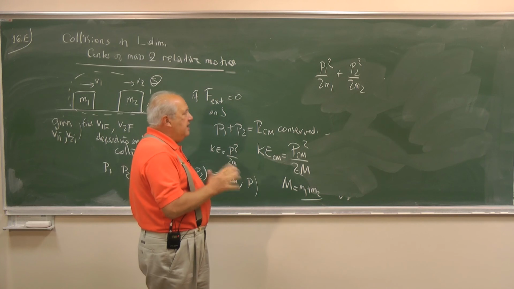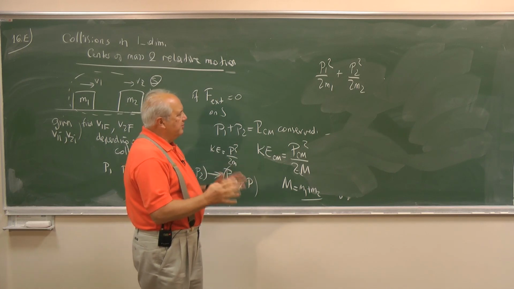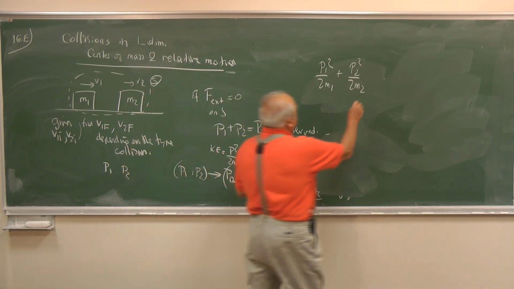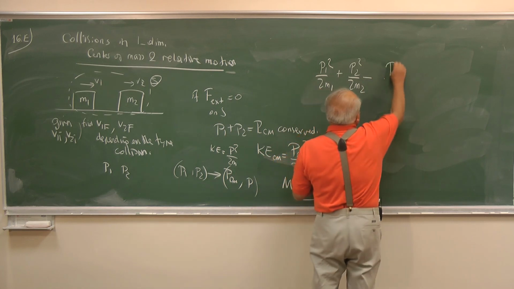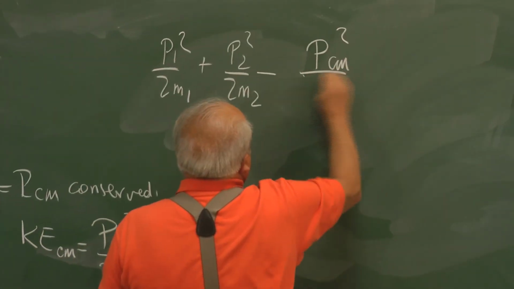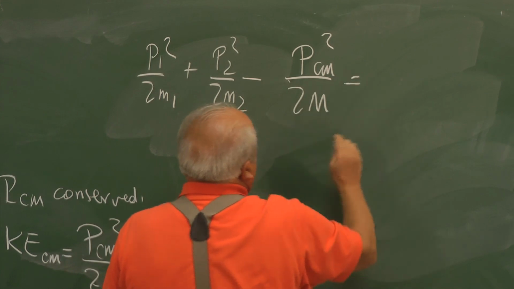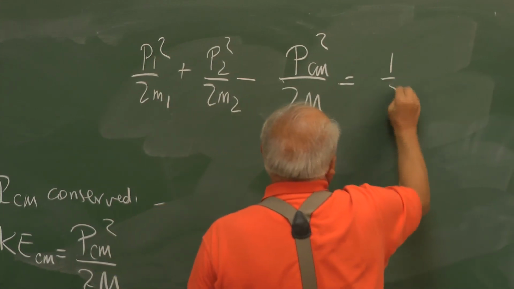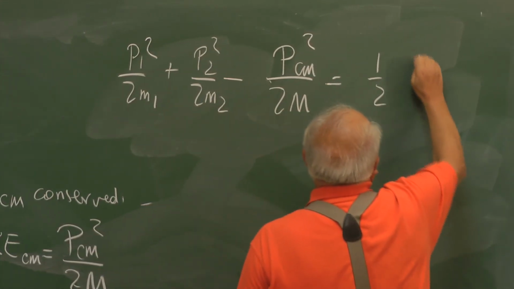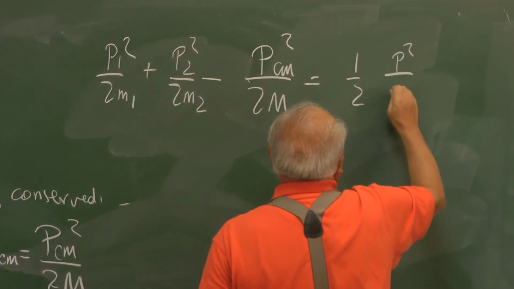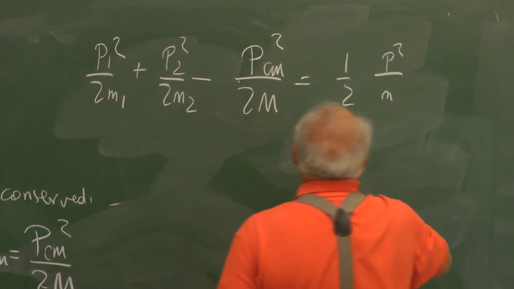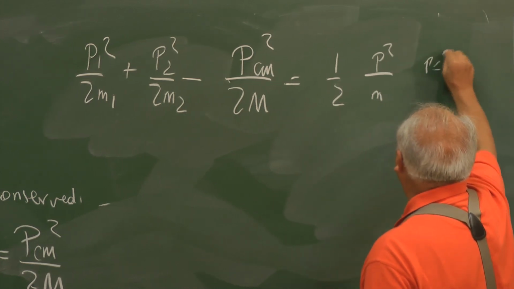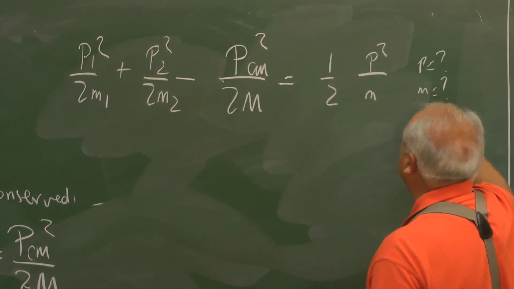The remaining energy is the available energy for the dynamics. So let me just subtract PCM square over 2m. The idea is to be able to write this as 1 over 2, some p square and some m. But what is p and what is m here?